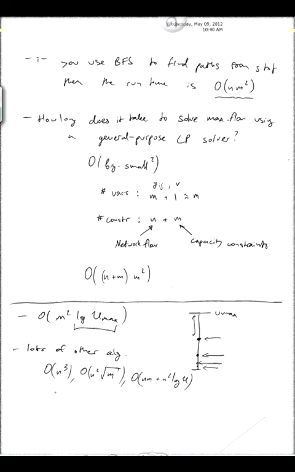So just one quick question here. If you were given these two algorithms, one that runs in n cubed time and one in n squared square root m, the one that you would prefer really is this one because m is always less than or equal to n squared. And by the way, all of these are much better than the nm squared that we're getting out of Ford-Fulkerson.